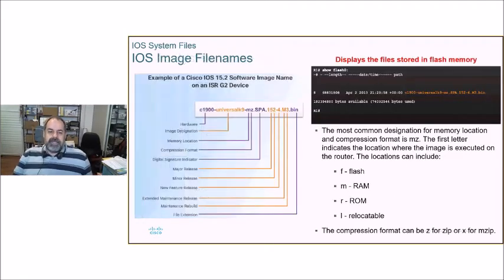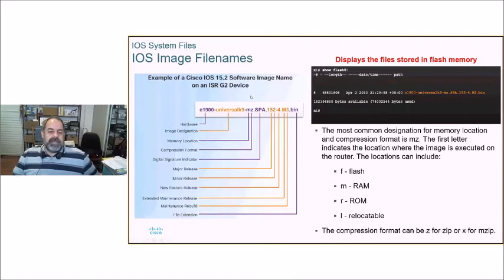When you get an iOS file, at least from Cisco, it will have a file name that tells you a lot about it. C1900 means it's a Cisco device, and 1900 is the platform, so it's a 1900 model router.